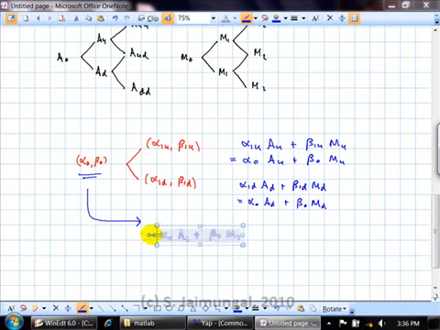You can also write that same system in general here. Alpha 1 times A1 plus beta 1 times M1 has to be equal to alpha 0 A1 plus beta 0 M1. Okay. Both of those equations can be encapsulated like this. My new position times the new asset value plus my new position times the new asset value must be equal to the old position times the new asset value plus the old position times the new asset value.